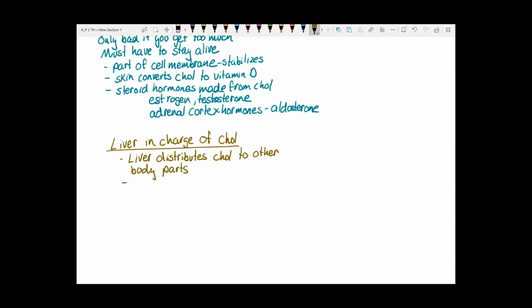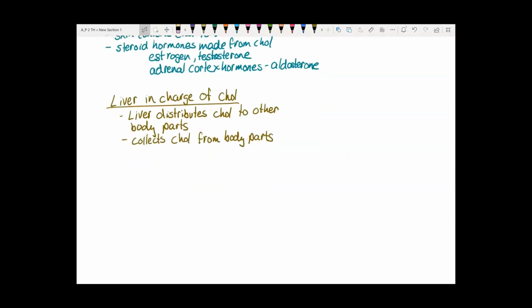It also collects cholesterol back from the body. And it does this to maintain a balance. So your liver keeps you at your set point for how much cholesterol your body should have.